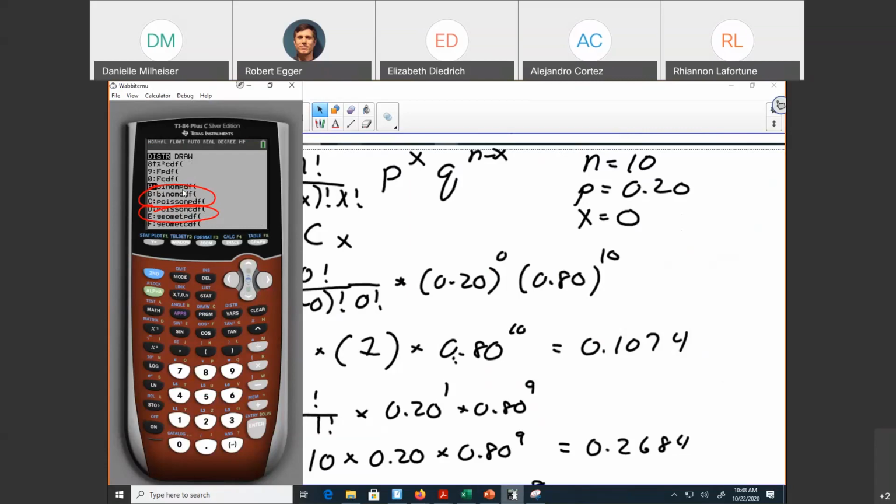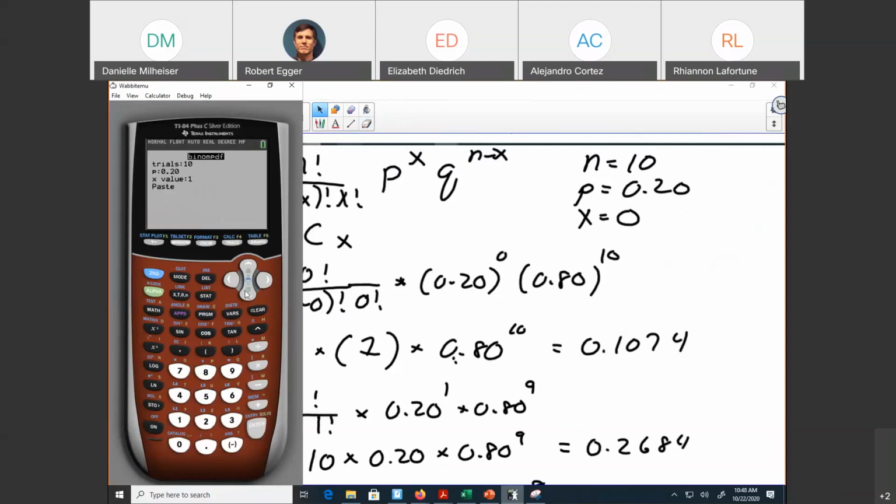Let's do a single binomial distribution. We have 10 trials. Probability of success, 0.2. Look for x equals, let's go with 1.